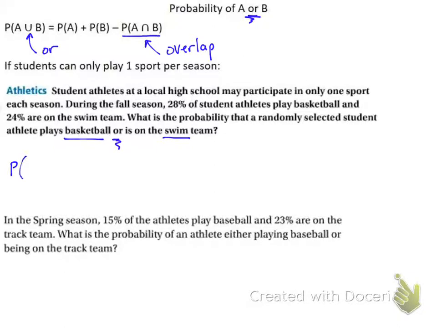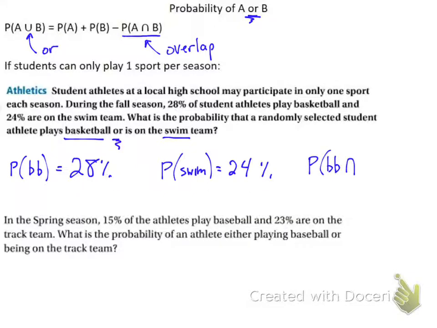So the probability that he's going to play basketball is 28%, and the probability that the person swims is 24%. And the probability that someone plays basketball and swims, again, we already said they can only play one sport per season, so that's going to be 0%, because you can only play one sport at a time.